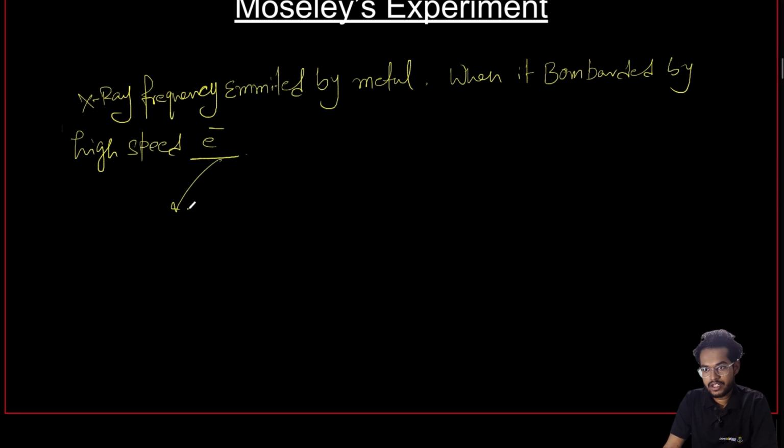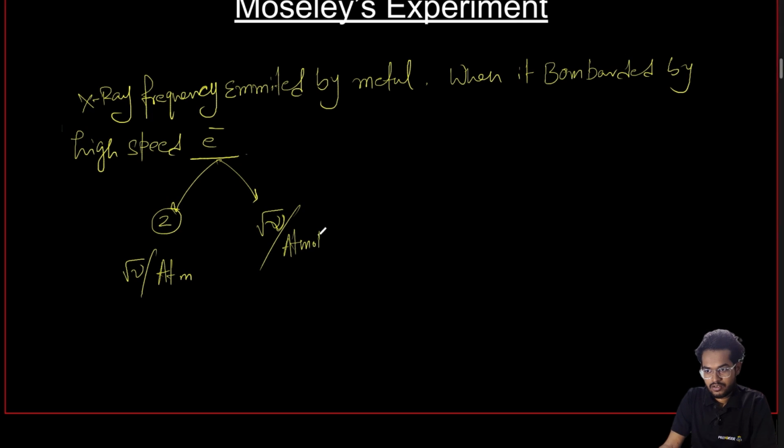From here we can derive two plots. One plot is root of frequency versus atomic mass, and the second one is root of frequency versus atomic number.